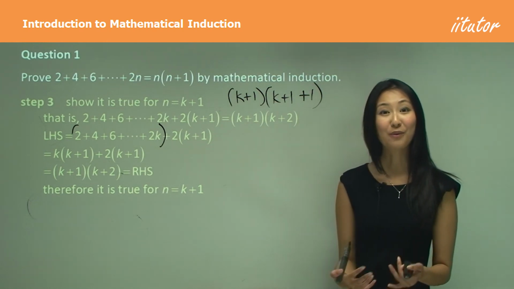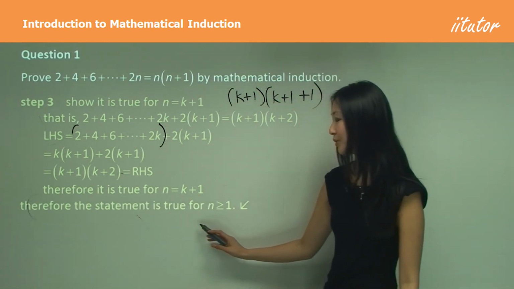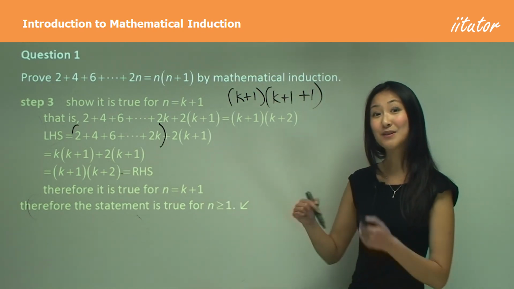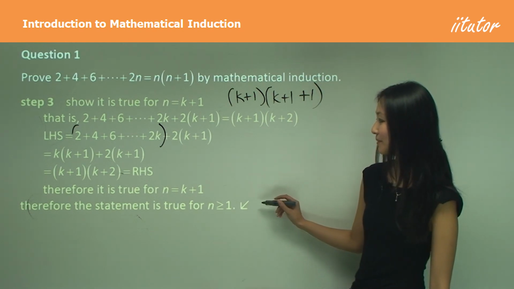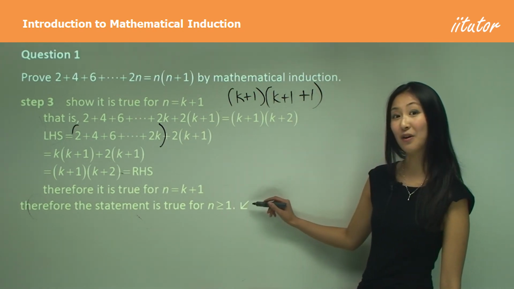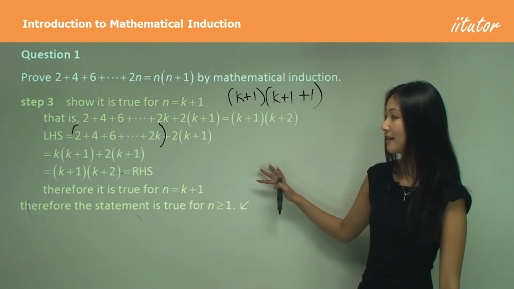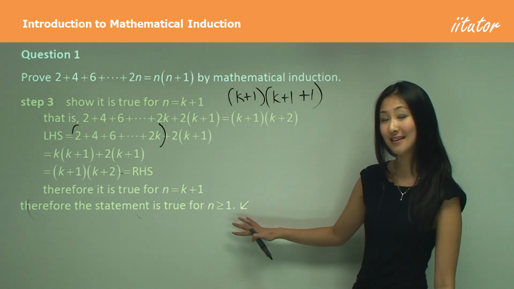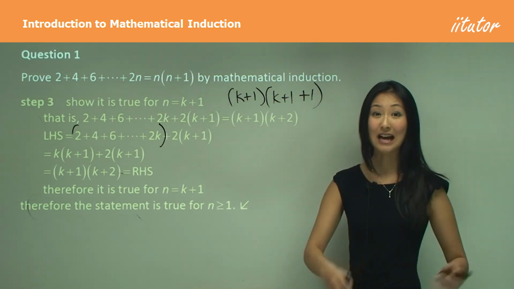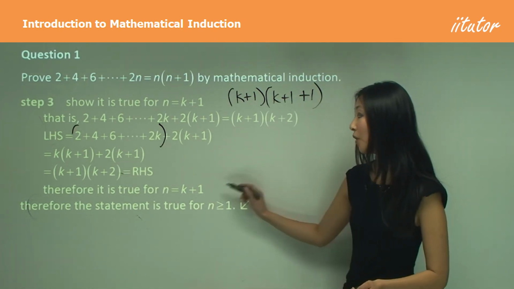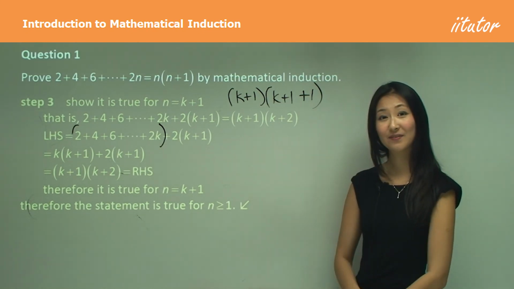So therefore, we can make the conclusion that the statement is true for n equals 1 as well as any number greater than that, haven't we? So we can just simplify that to n is greater than or equal to 1. So remember, once we've gone through the steps, we have to write the concluding sentence, which says that yes, we've actually proved that the left-hand side equals the right-hand side for all n greater than or equal to 1.